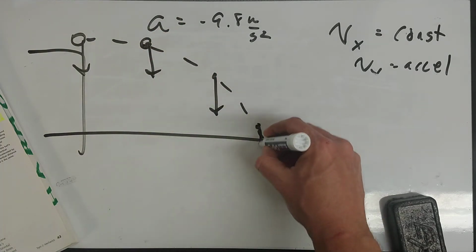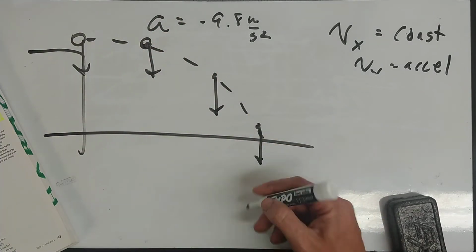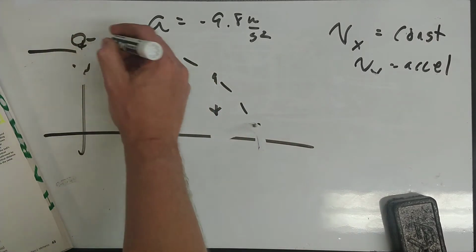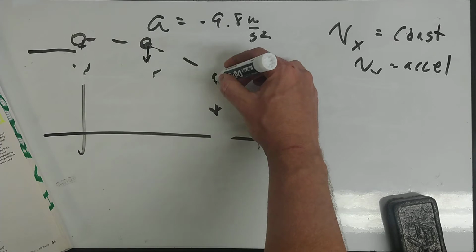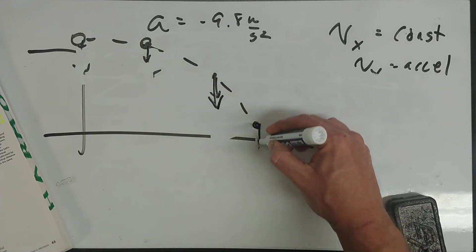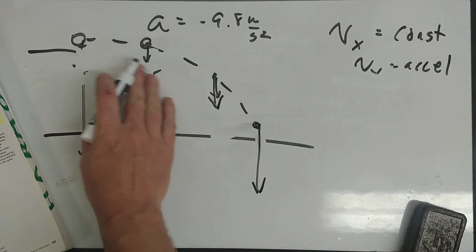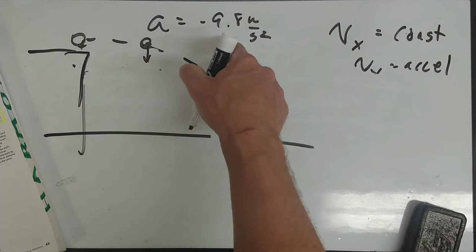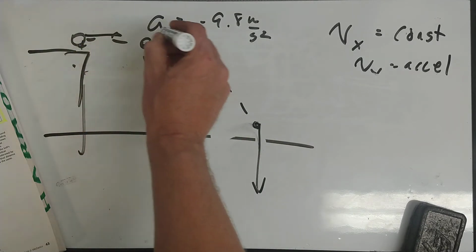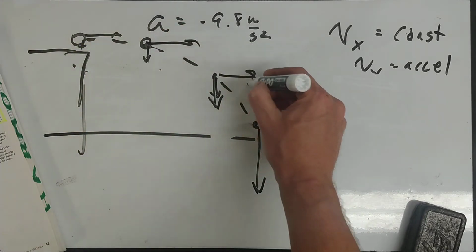These arrows are representing the acceleration. Its velocity in the y direction is increasing. That means every second that this object's in the air, its y velocity is increasing by 9.8 meters per second, down. X velocity remains constant.